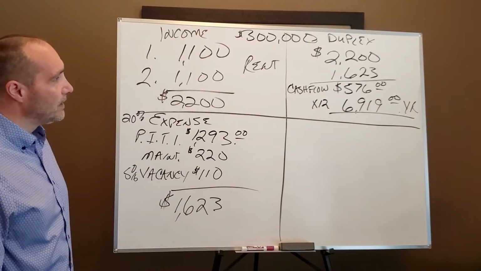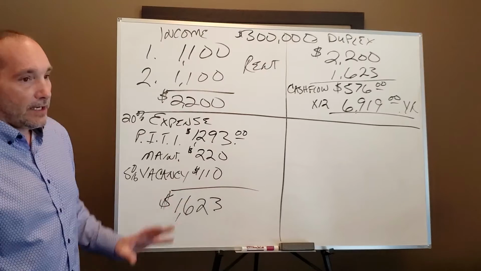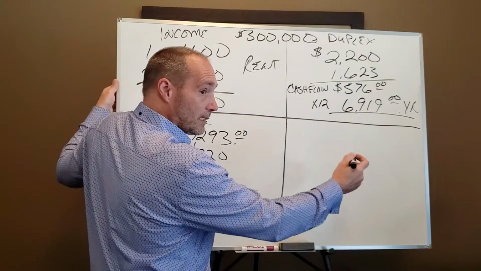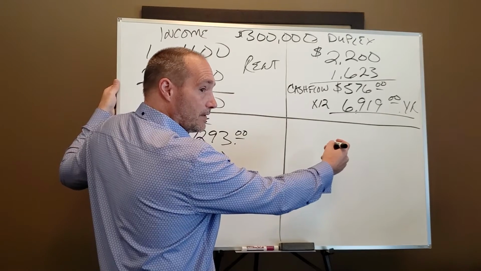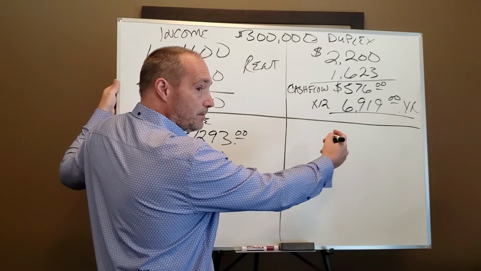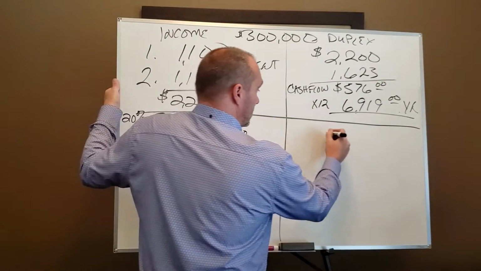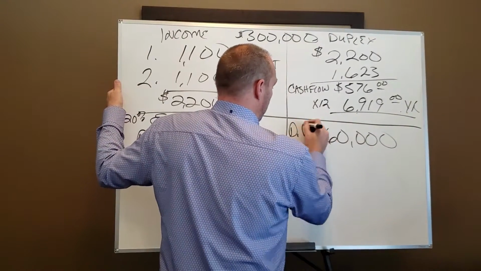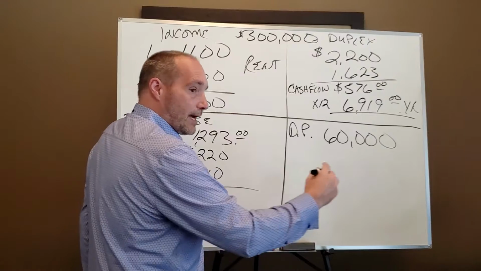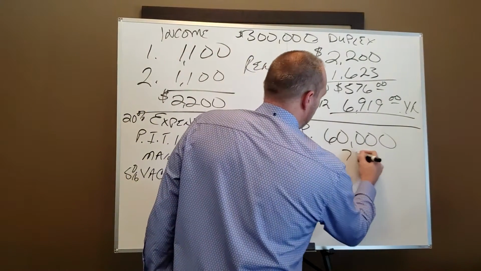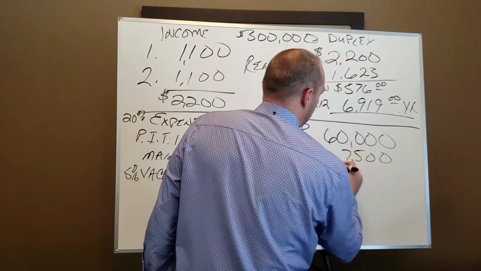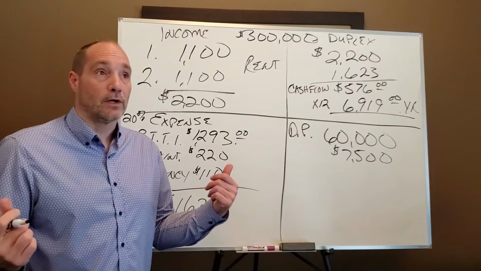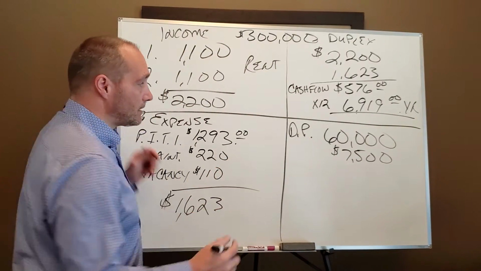All right, so that looks great, but what's that actually work out to in the real world? So let's look at your down payment. On this, it's going to be $60,000. You're going to have roughly, and this is going to be dependent on who you go through as a lender, I just use 2.5% as your closing costs.